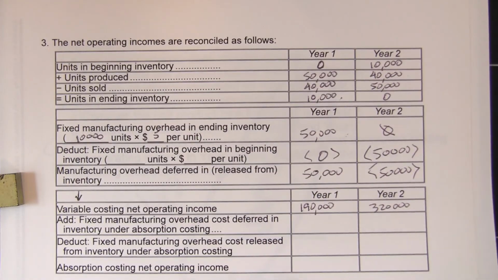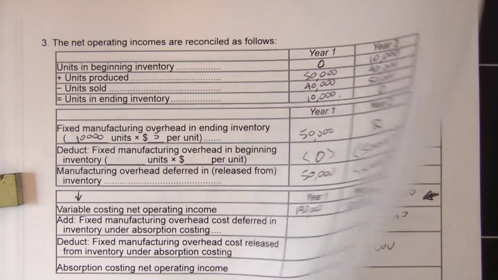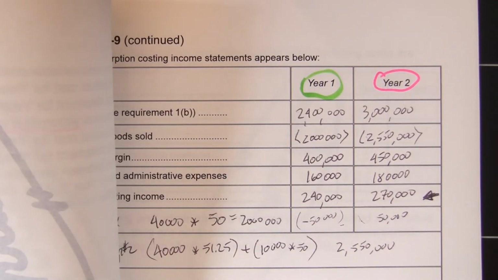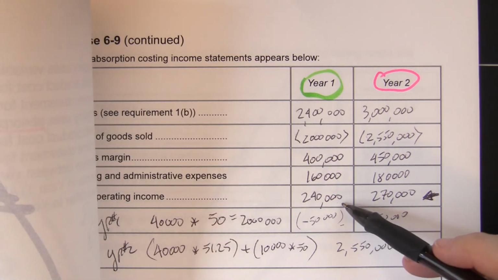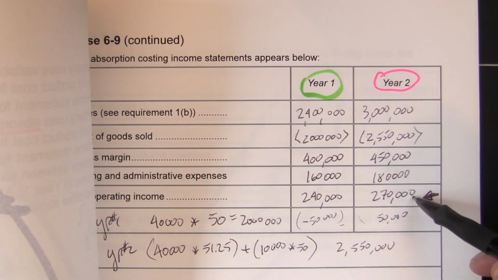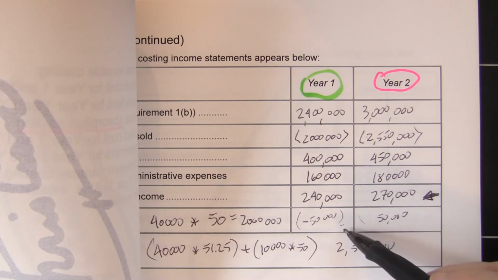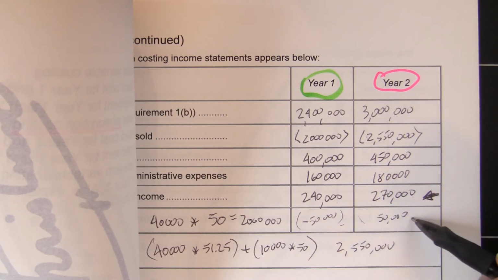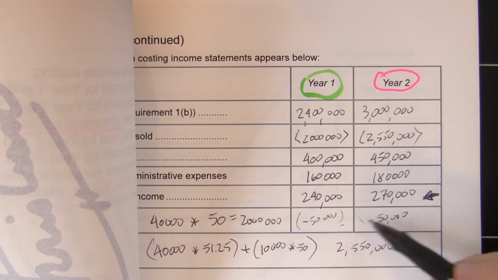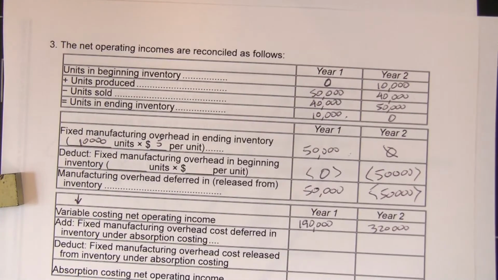So if we want to go to strict variable costing, we have to correct out that error. So we need to subtract the 50 from here. We need to add the 50 to here. Because here we have $50,000 more in expenses in fixed overhead, and here we have $50,000 less because they're left over from last year.